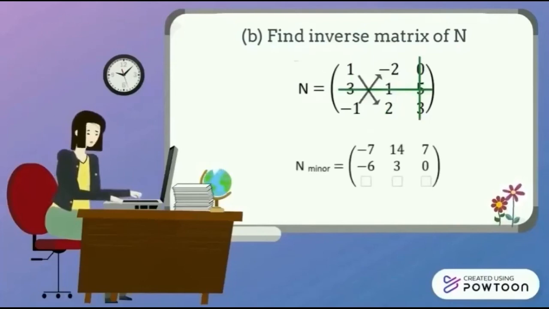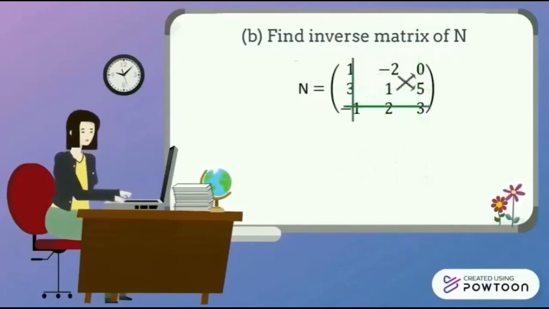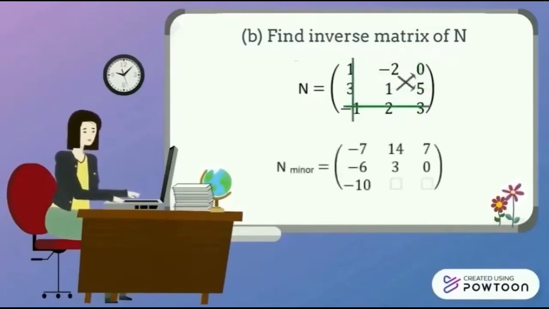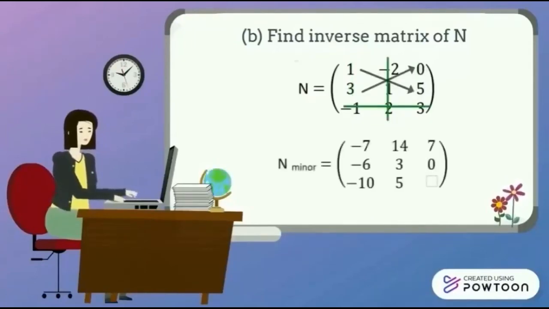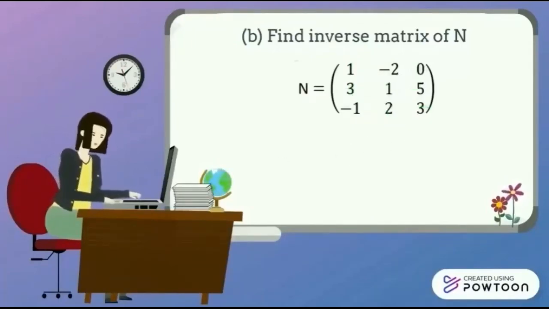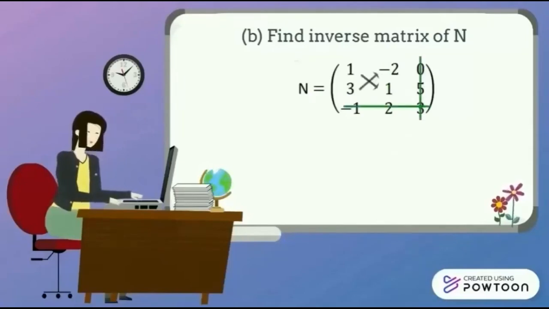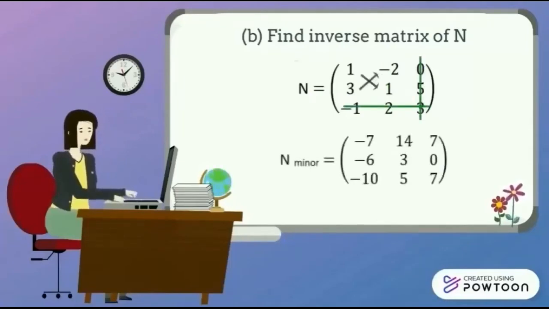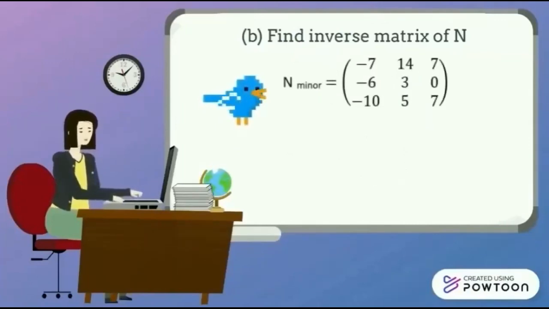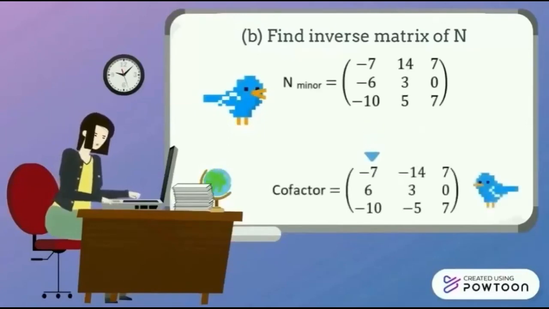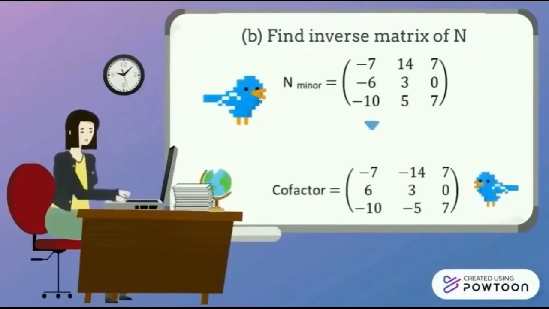This method is applied for all other numbers on row 2 from column 1 to column 3 and row 3 from column 1 to column 3 to get the minor. After we get the minor, it is converted into cofactor.